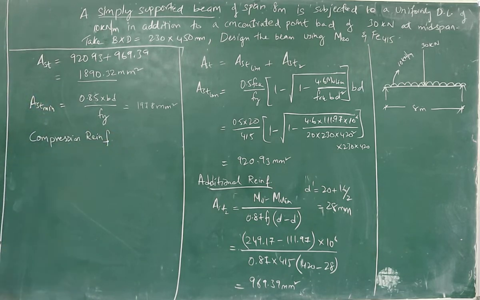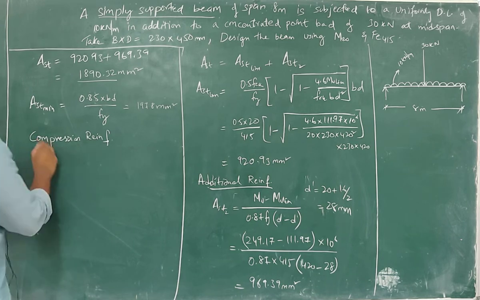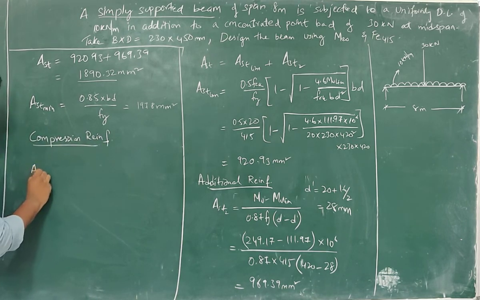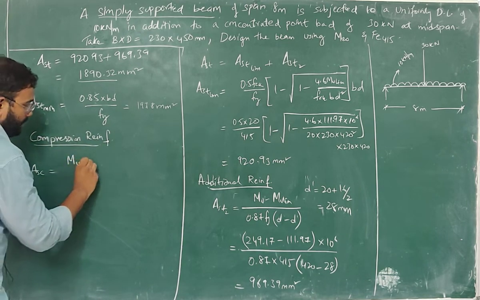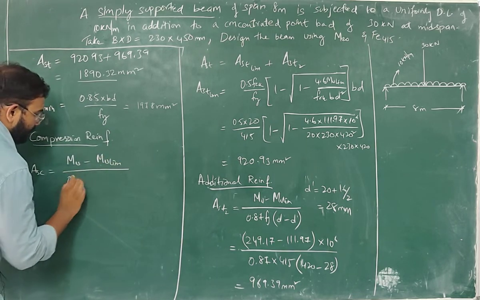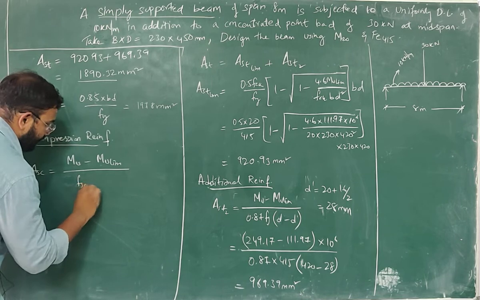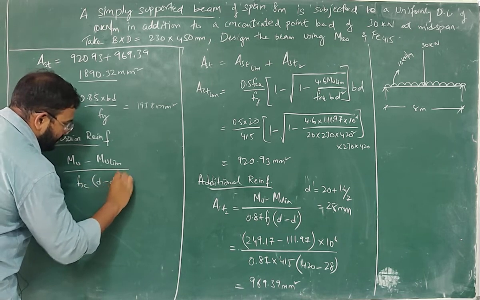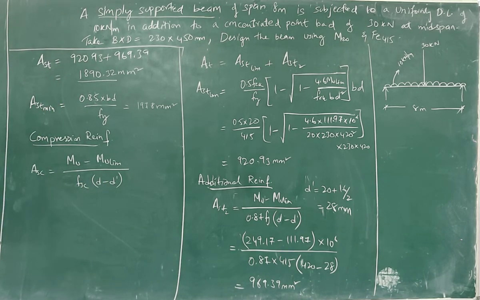Compression reinforcement. So compression reinforcement, what is the formula? Asc is equal to Mu minus Mu lim divided by fsc into d minus d dash. 0.85. Okay, number of bars. We'll also calculate number of bars.